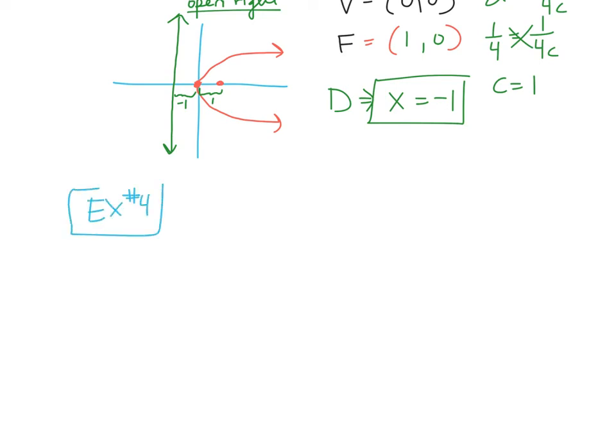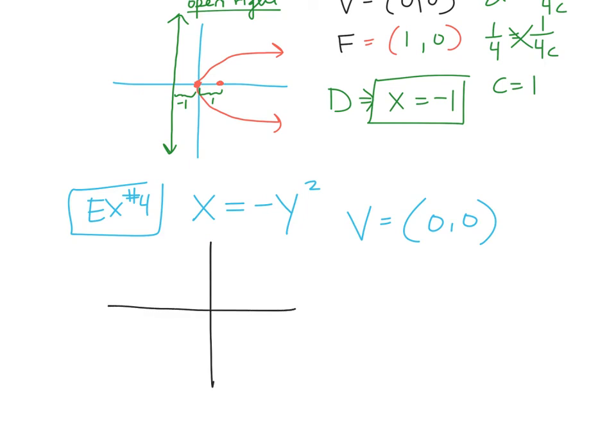Example 4. This one is x equals -y squared. Okay, let's start with the vertex. Vertex, again, (0, 0). Your graph, this is x equals, so it's going to open left or right, and it's a -y squared, which means we're going to open to the left.